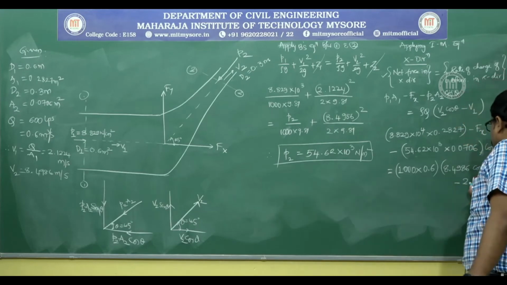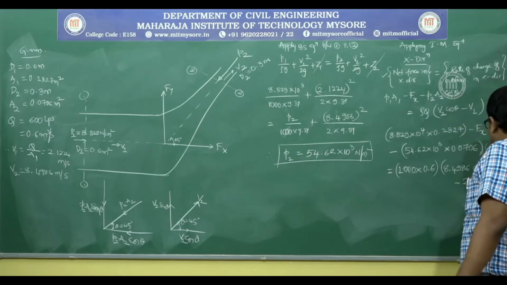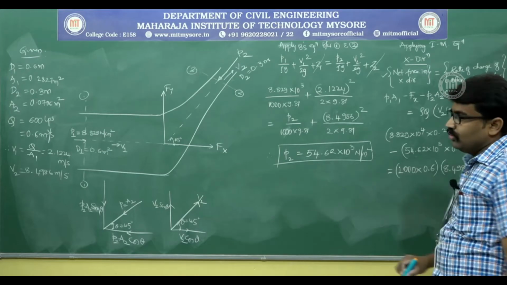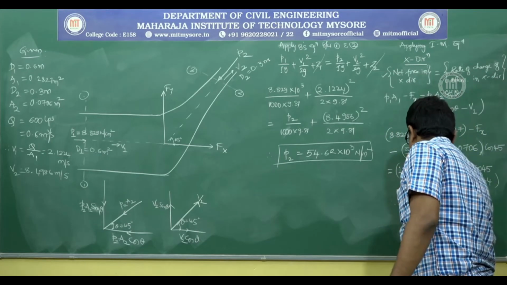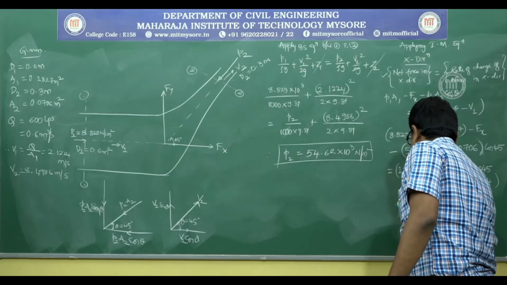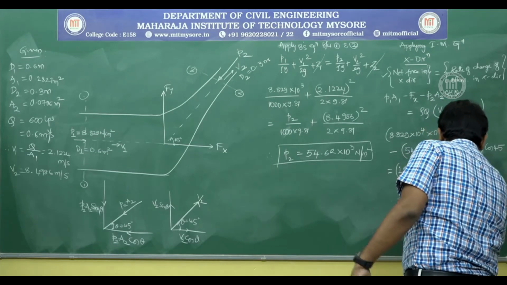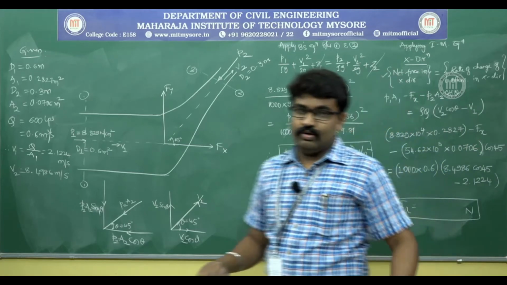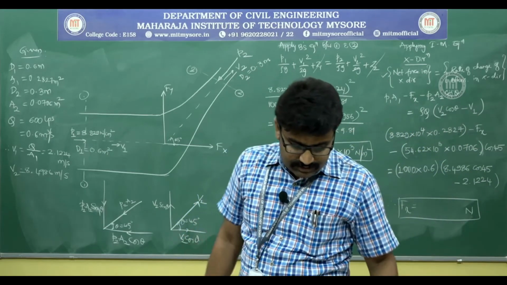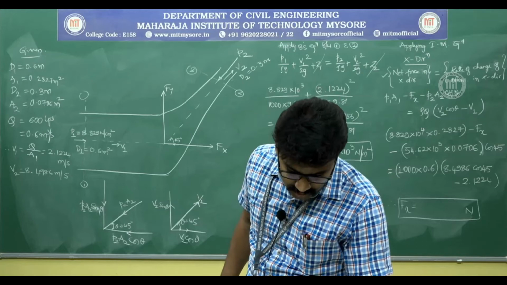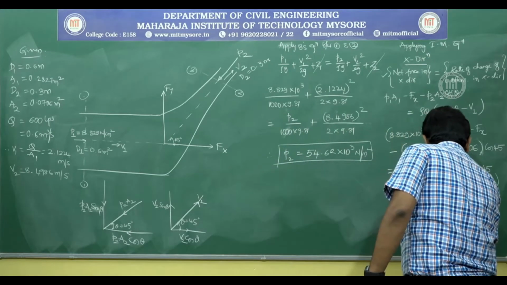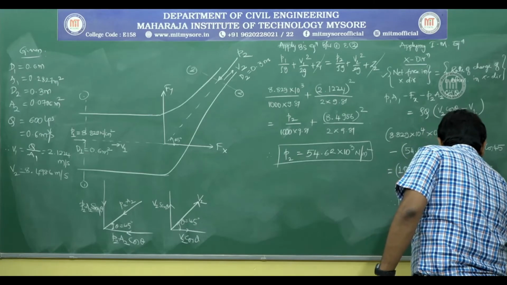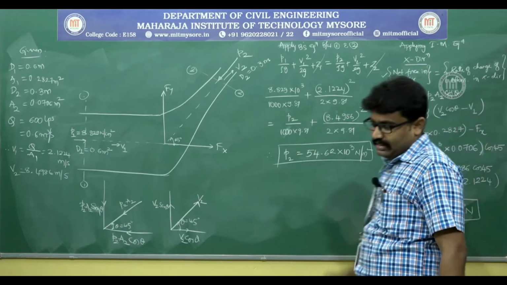V1 is 2.1224. The only unknown in the entire equation now is Fx. Find Fx. Therefore, Fx is equal to some Newton you calculate, and the answer comes out to be Fx equal to 19.94 into 10 power 3 Newton.